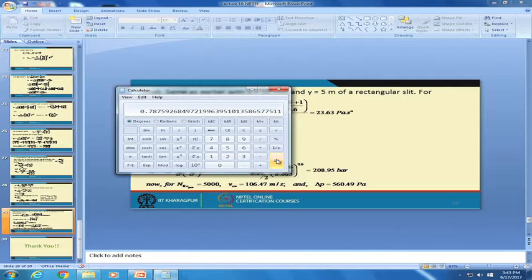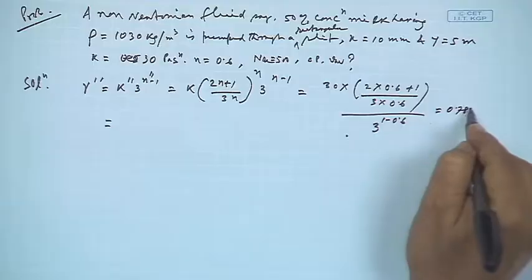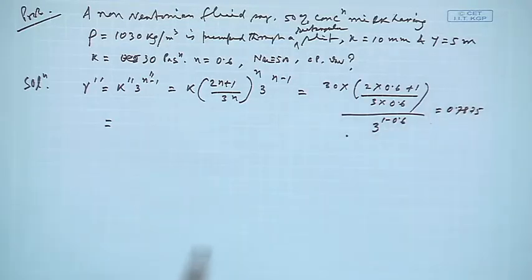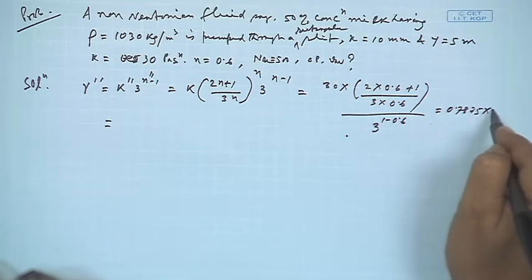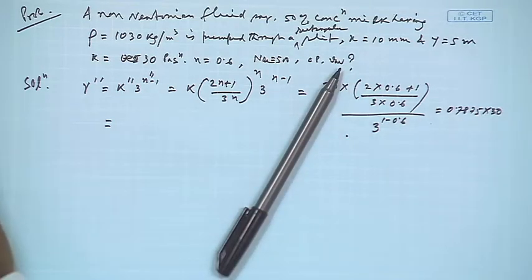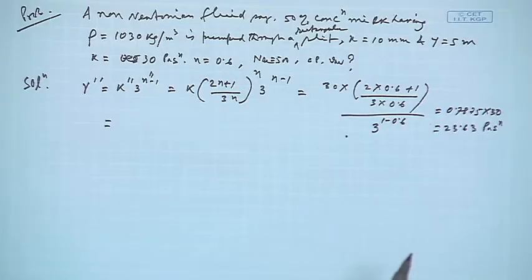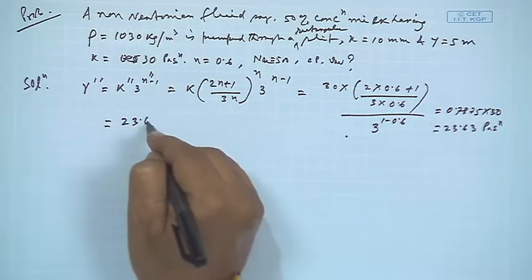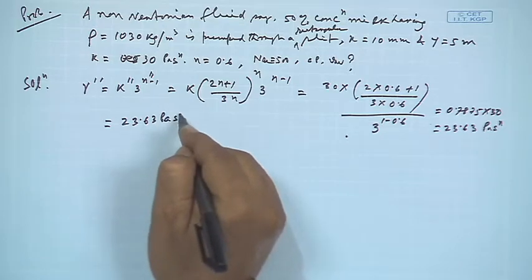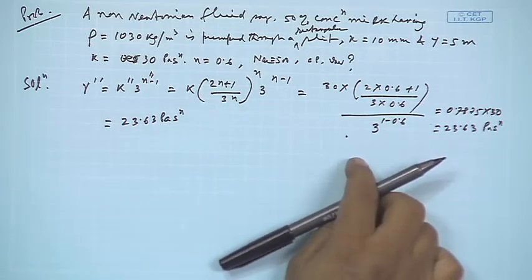That is 0.7875. Then this into 30 gives 23.63 Pascal second to the power n. So this is gamma double prime, 23.63 Pascal second to the power n.